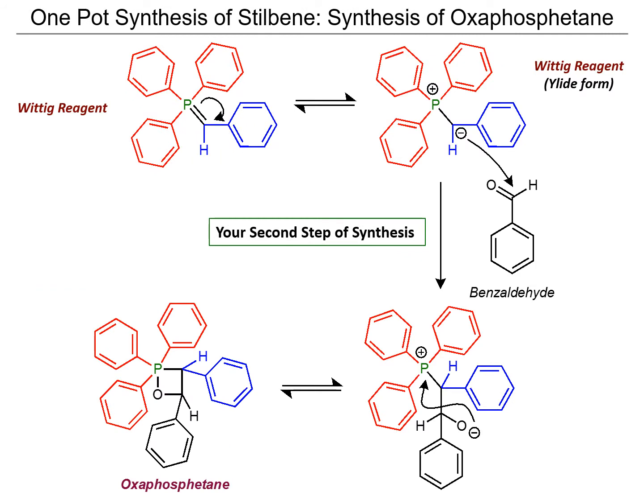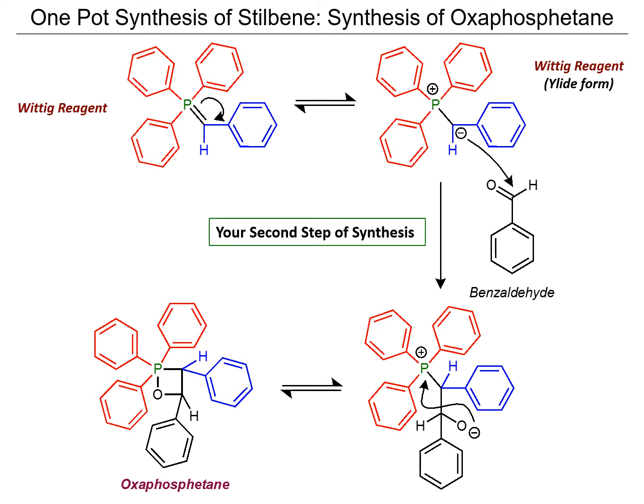The Wittig reagent, which is basically a double bond between the phosphorus and the carbon, then undergoes a resonance structure where it turns into the ylide form. It is important to know that formation of the ylide is very noticeable as the reaction will turn yellow. So an ylide is a molecule that has both a negative and a positive charge next to each other.